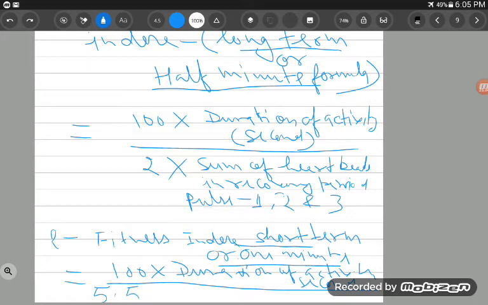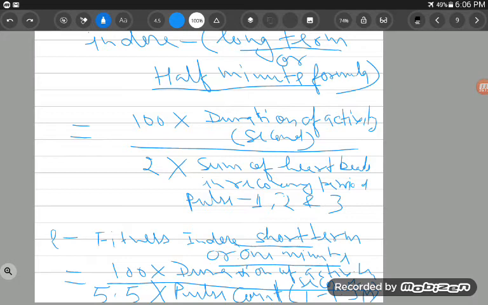5.5 multiply pulse count between 1 to 1.5 minutes during recovery period. First formula, 100 multiply duration of activity in seconds upon 2 multiply sum of heartbeats in recovery period, pulse 1, pulse 2, pulse 3.